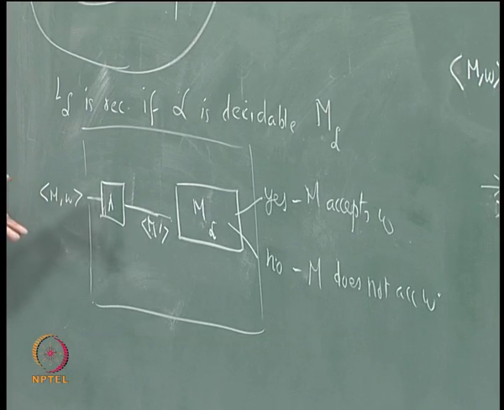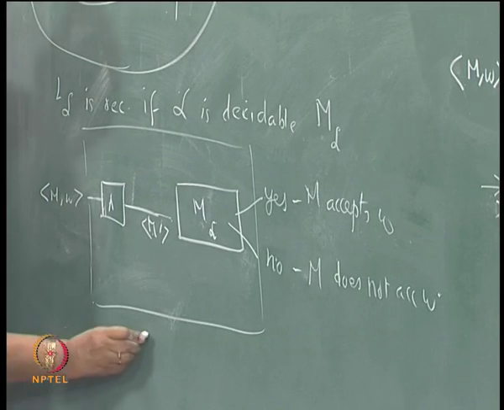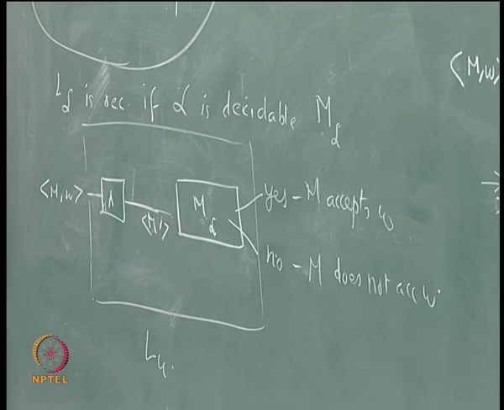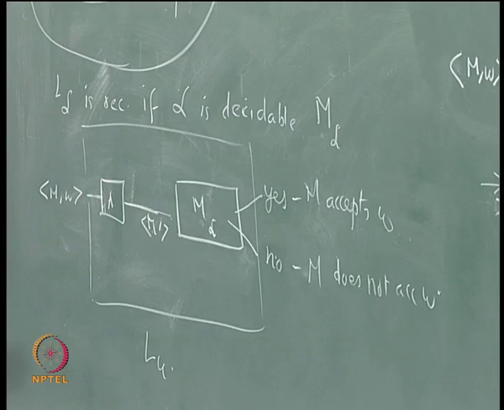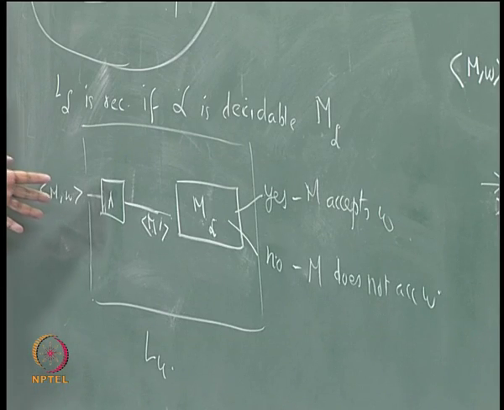This is an algorithm for LU, or a Turing machine which halts on all inputs, right, which is a contradiction. We know that LU is not recursive.